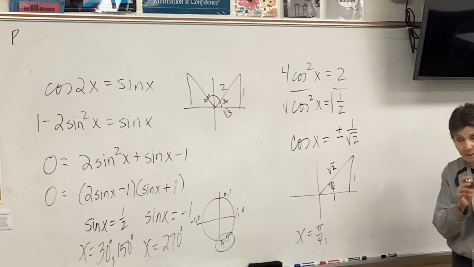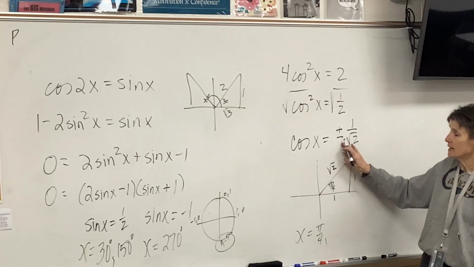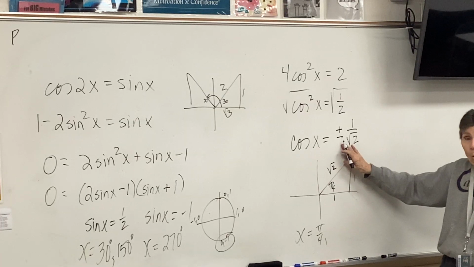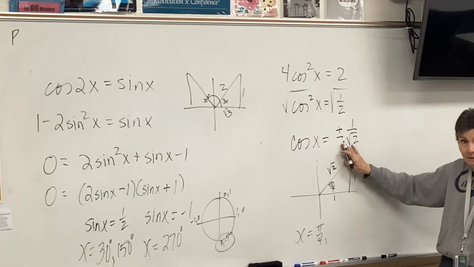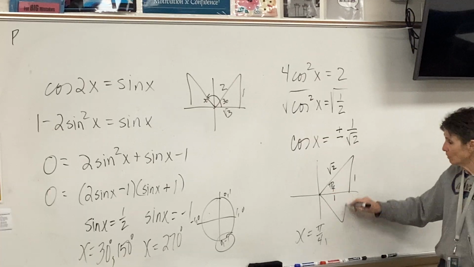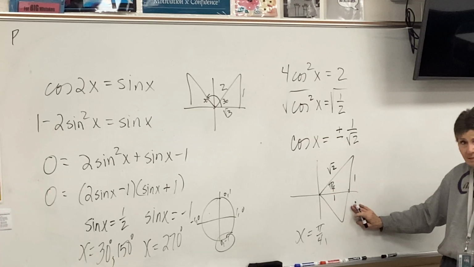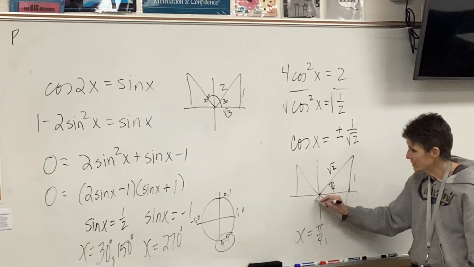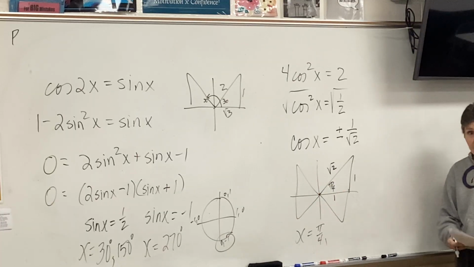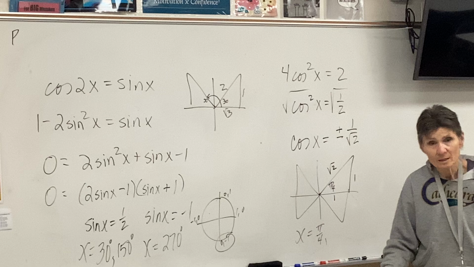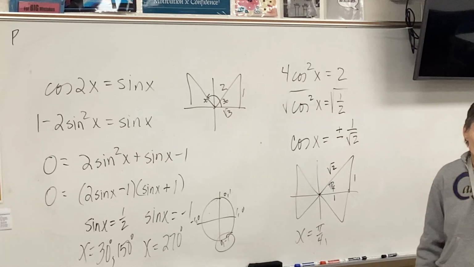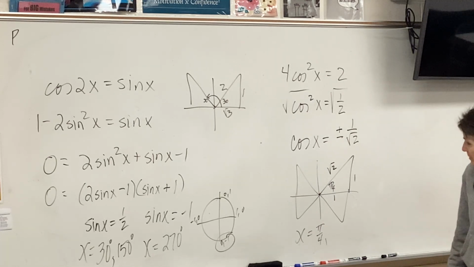But wait a minute. This says the cosine could be positive or negative. Well, it's positive over here. Remember, cosine is x. And it's negative over here. So aren't I going to have an answer in every quadrant? Because the cosine could be either positive or negative.